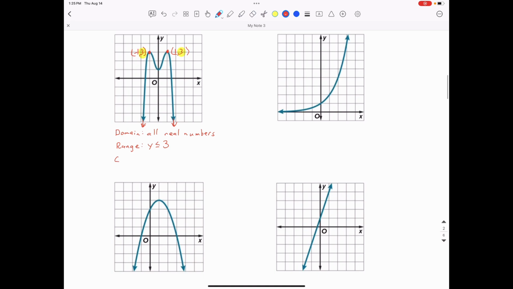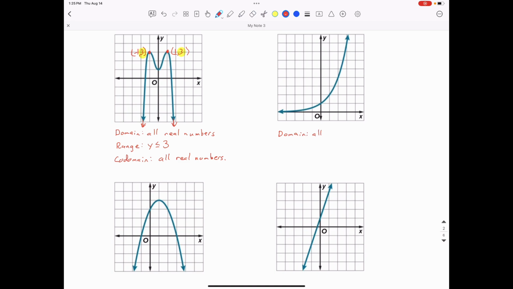And then the codomain, again, it's not otherwise stated, so the codomain has to be all real numbers. The one to the right, the domain, is also all real numbers.